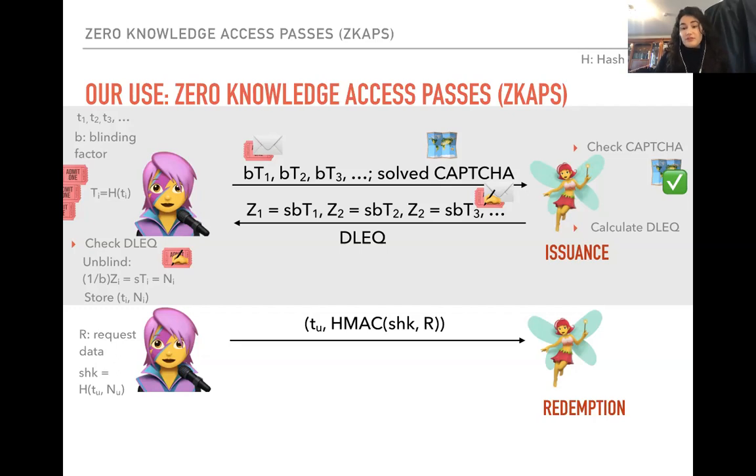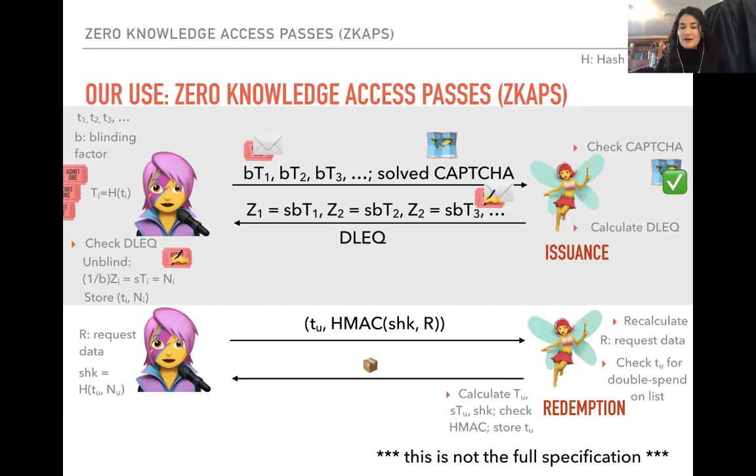In the redemption phase, the server again recalculates the request data, sees the request coming in, and checks TU on its double spend list, which is kind of long. It then calculates big TU again because it knows the hash function, signs that, and can then calculate the shared key as well.